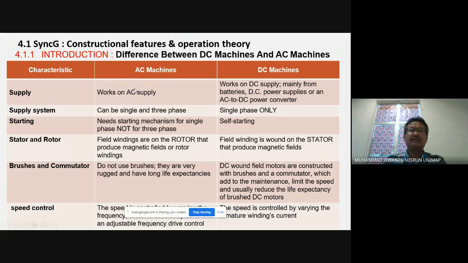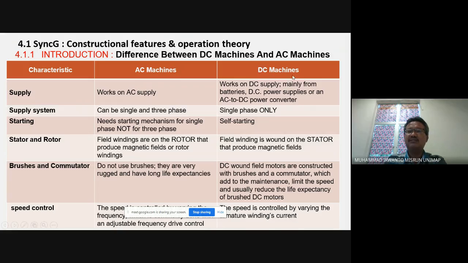In terms of the supply system, the AC machine can be single phase or three phase. If single phase supply, it is a single phase AC machine. If three phase supply, it is a three phase AC machine.